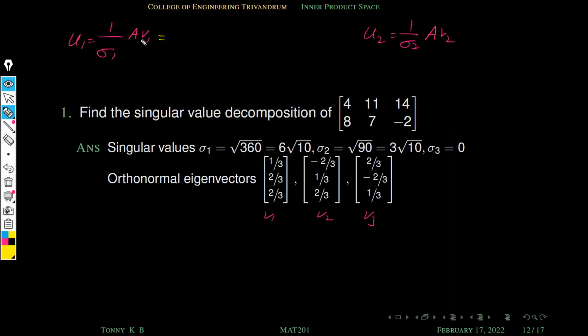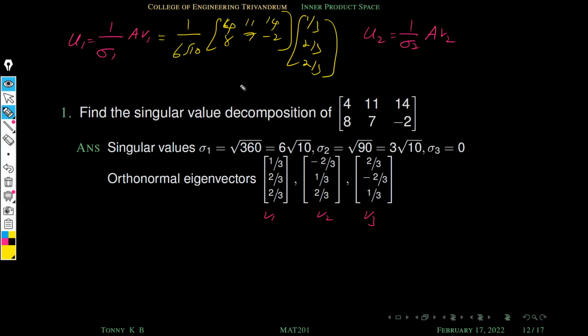So what is u1? u1 is 1 by sigma 1, where sigma 1 is 6 root 10, into A v1. A is 4, 8, 11, 7, 14, minus 2. This is our A into v1, and v1 is 1 by 3, 2 by 3, 2 by 3. Clear? So this is our u1.